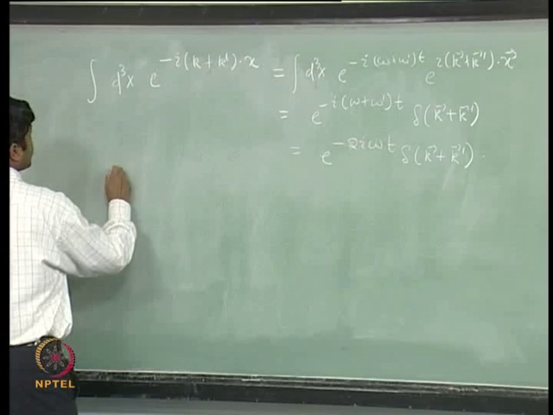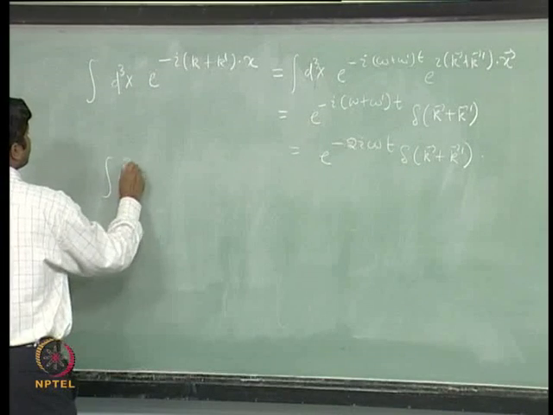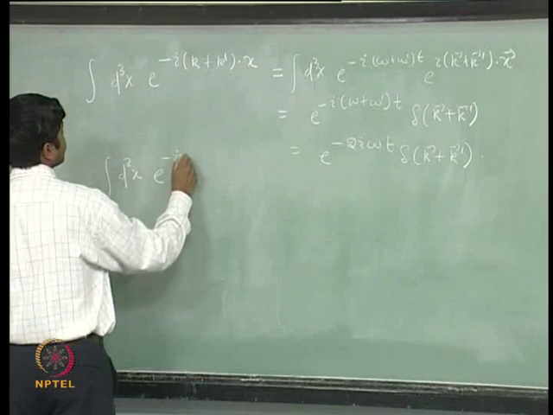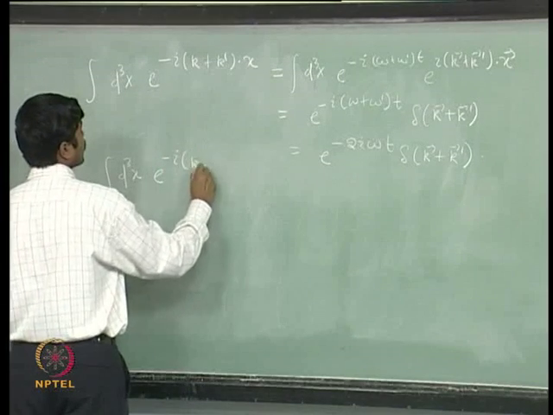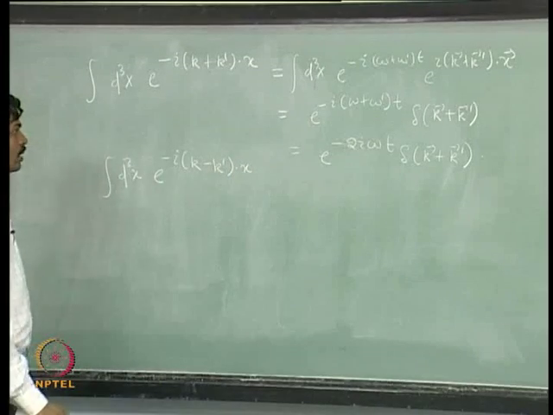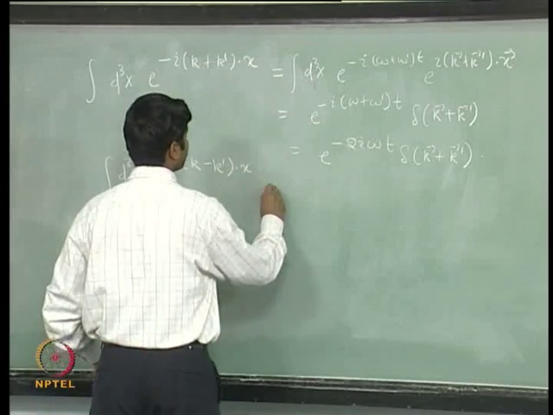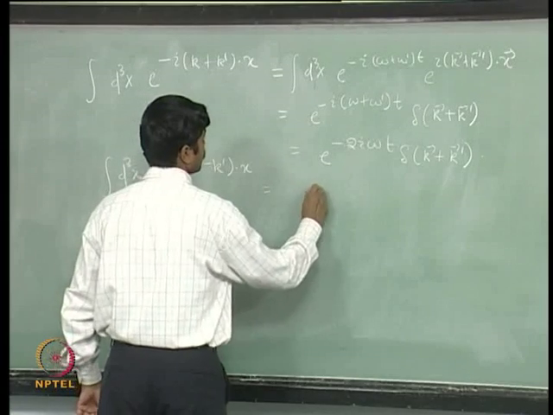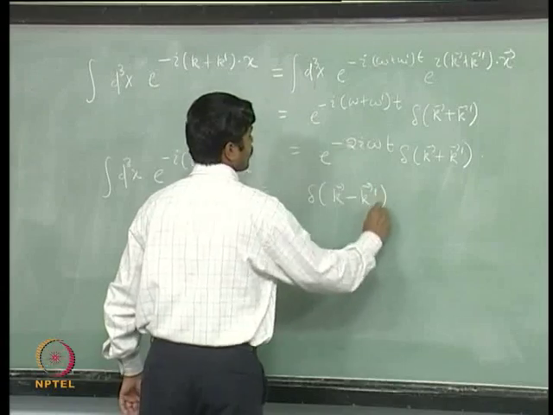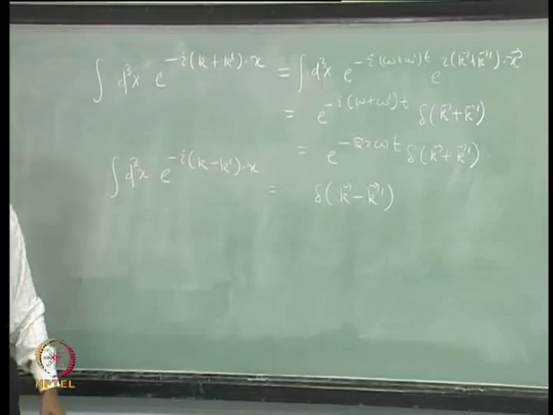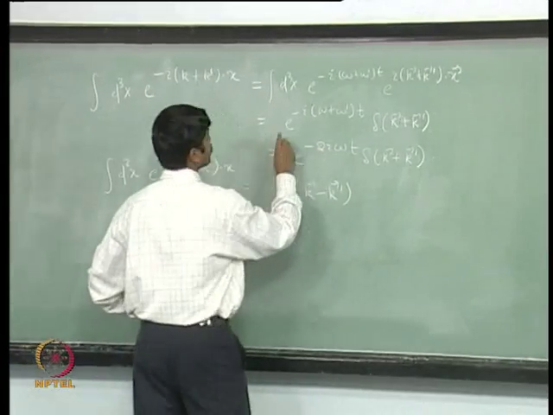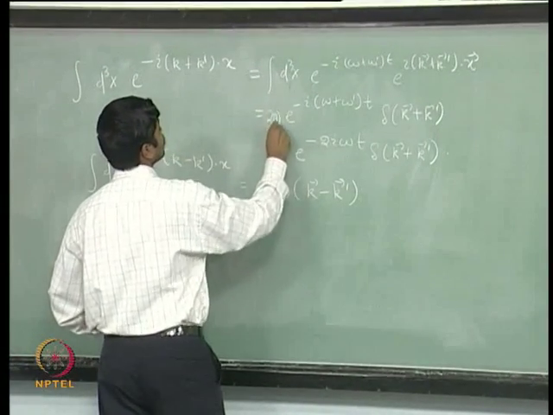So, this integration d cube x e to the power minus i (k minus k prime) dot x will simply give you delta of k minus k prime. Is this clear? There is a 2 pi cube, okay. So, there is a 2 pi cube.